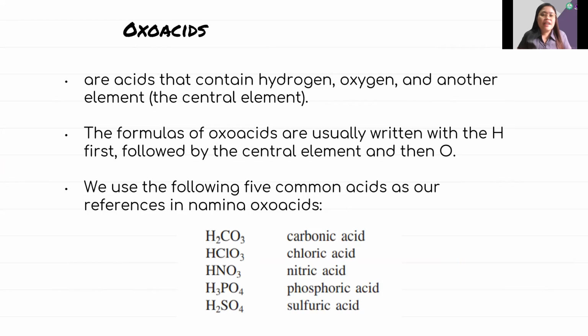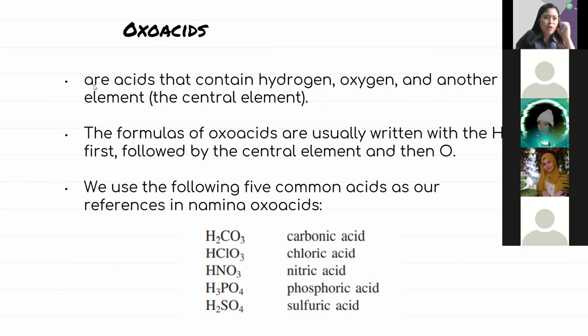We have here the oxoacids. So what are these oxoacids? These are a class of acids that still have hydrogen, because that is the common thing about acids. But they are called oxoacids because there is the presence of oxygen and another element, the central element, since it is at the center.